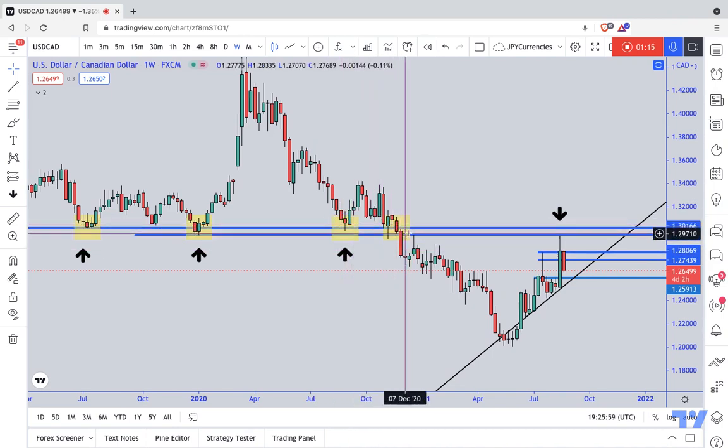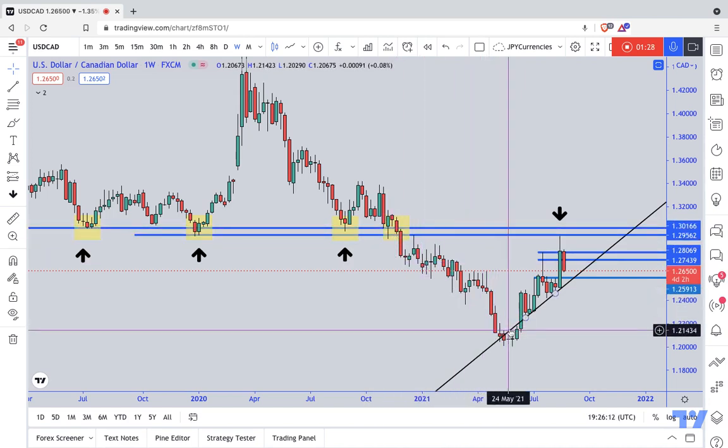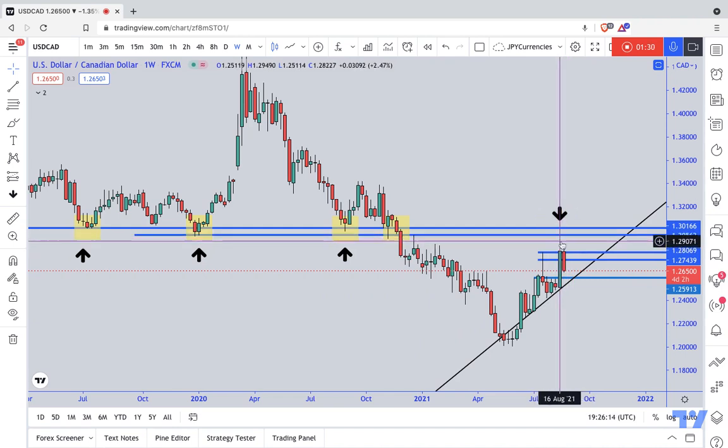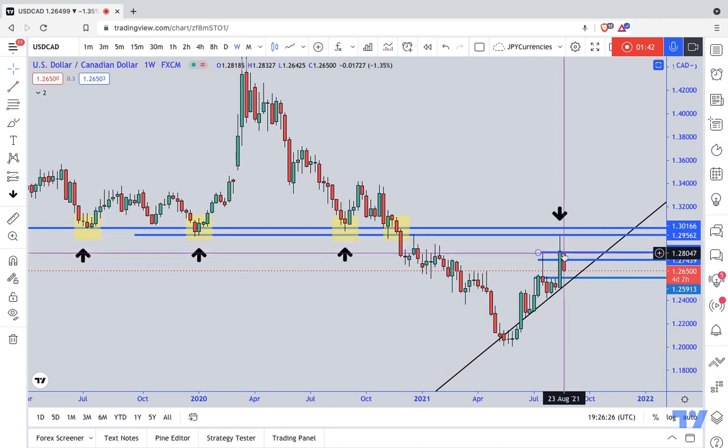So this was a very strong support in the past until it got broken. And now I noticed that we are retesting previous support and resistance, and we just tapped a little bit into it and we rejected.